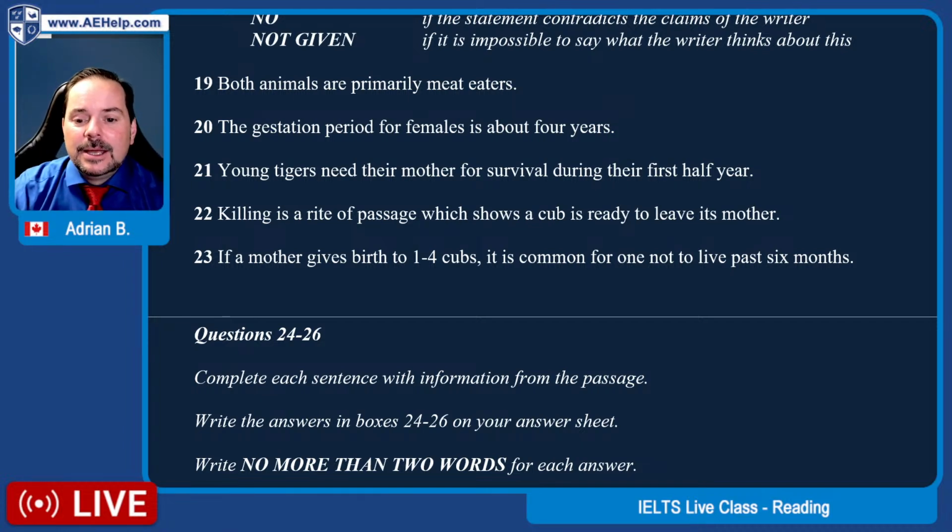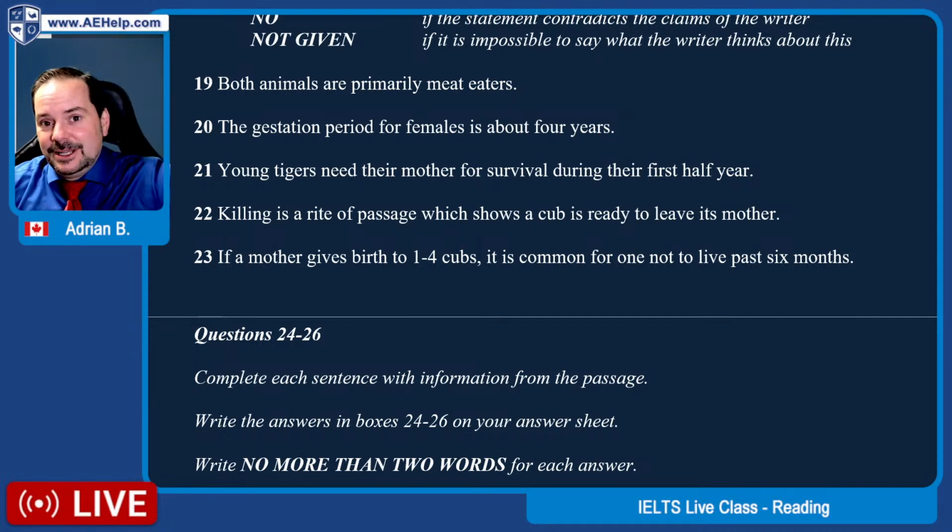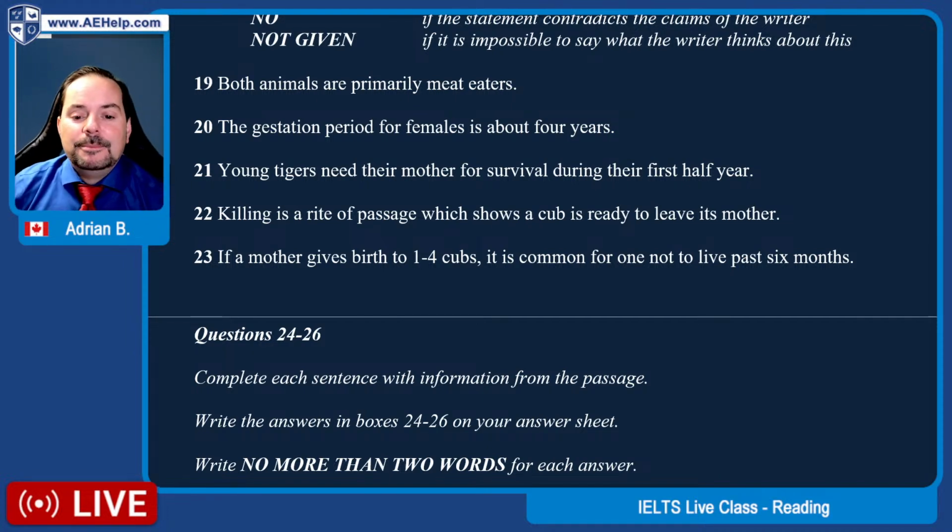But here's the other question: did you visualize a 6-month-old tiger, or a tiger of any size and age, killing to say, Mom, I'm ready to go, goodbye everybody, I can kill things? Did you visualize the tiger hunting to leave its family? I didn't. Hopefully you didn't. It wasn't anywhere in the passage. It makes sense, but I didn't see it when I read it, so I'm going to go with not given.